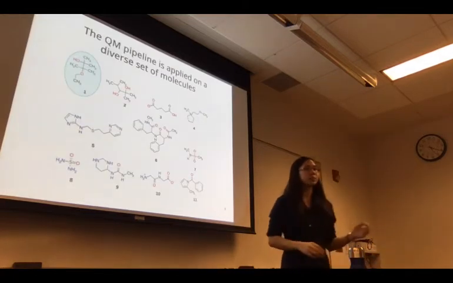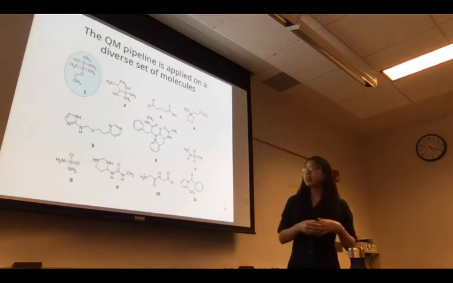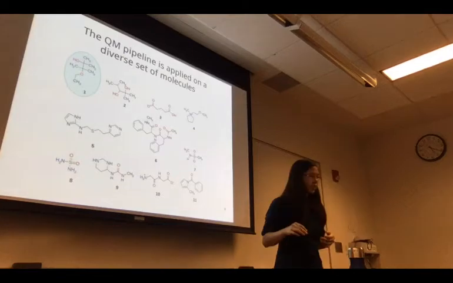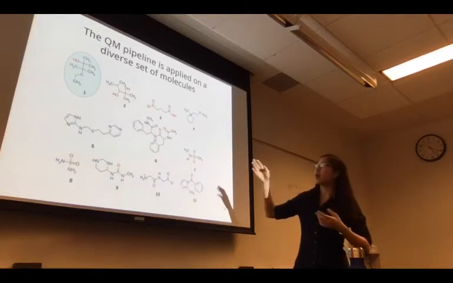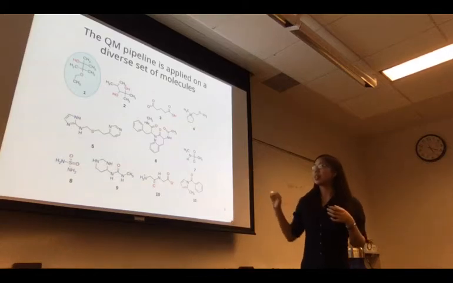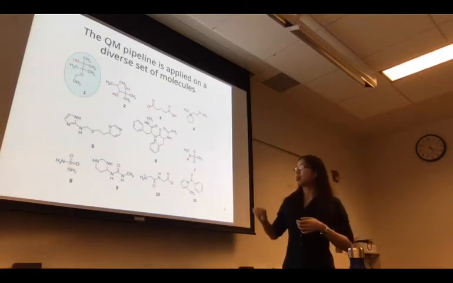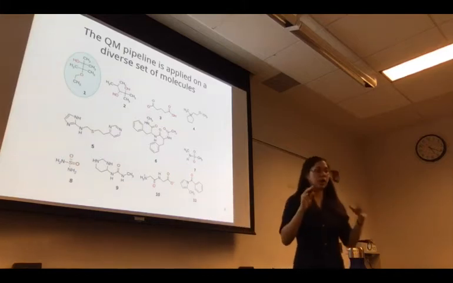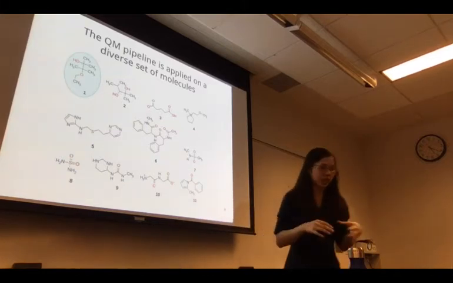So I tested this pipeline on a bunch of different molecules. This is a subset of what I have, and this is my diverse set. Here we see alcohols, charged species, some potential pi stacking interactions, hypervalent sulfurs, a zwitterion, and some planar pyramidal competition intramolecularly.